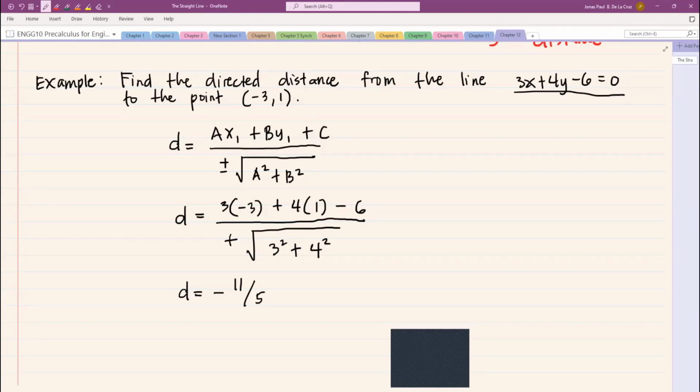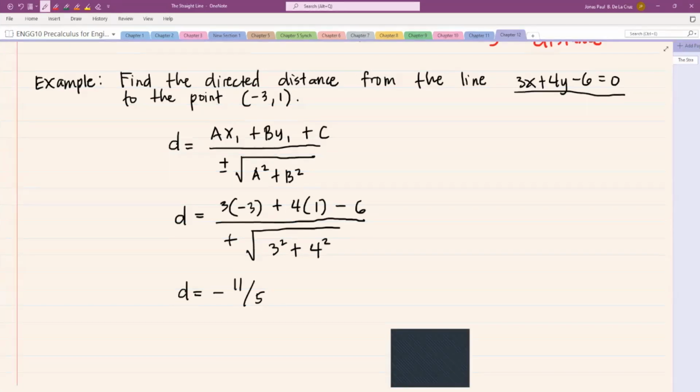Okay. Hindi na natin ano yung family solve.